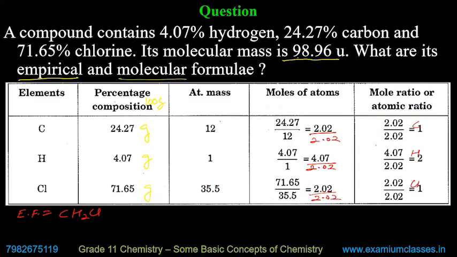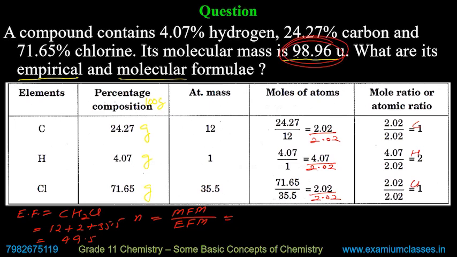Now the same thing: find the factor by which the empirical formula needs to be multiplied. That factor n will be the molecular formula mass divided by the empirical formula mass. The empirical formula is CH2Cl, so the mass is carbon 12 plus 2 times hydrogen 1, that is 2, plus chlorine 35.5, which is 49.5.